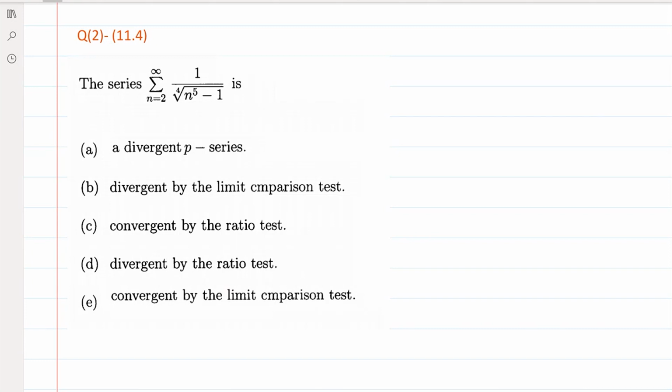I will choose one of you to solve it with me. No one solved it? Is it difficult?